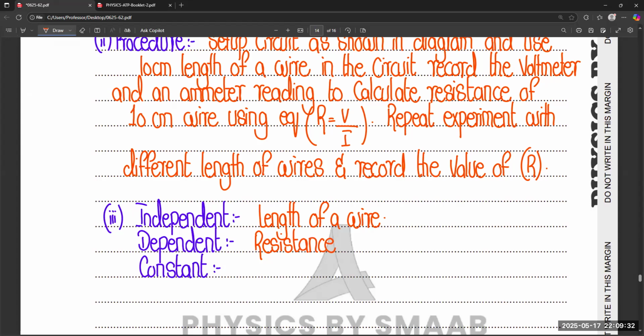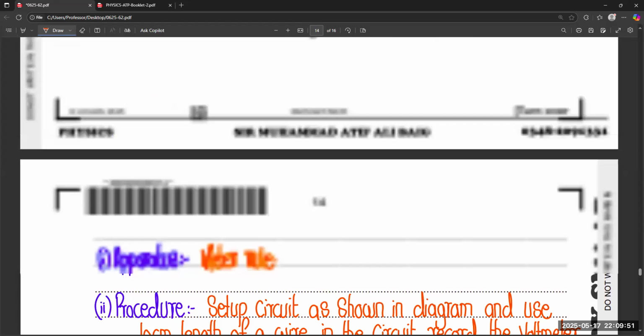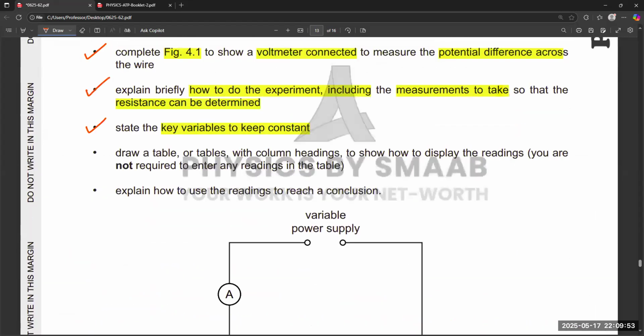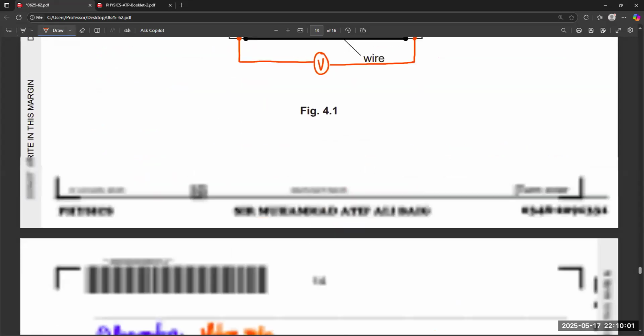And the constant value is the voltage of the power supply. Then we have the second last question. Draw a table and mention all the quantities with column headings. Readings are not required.